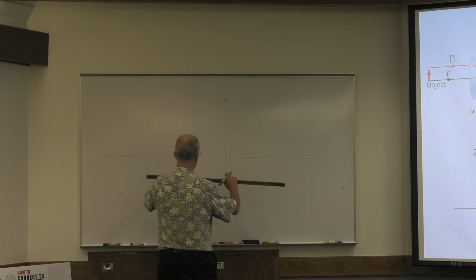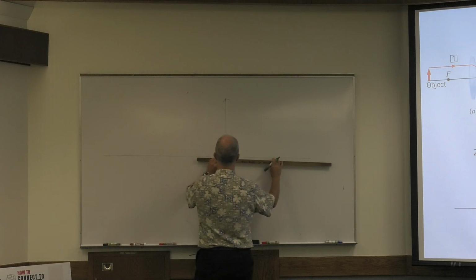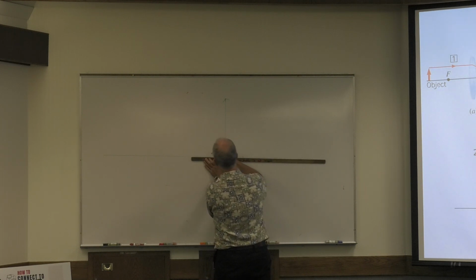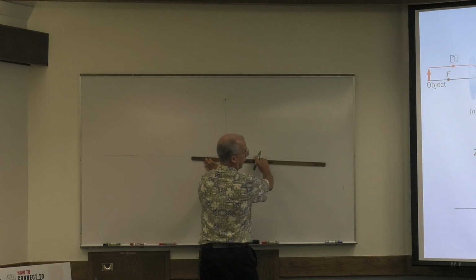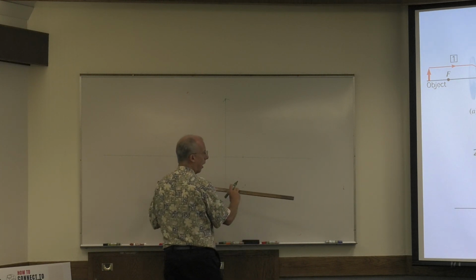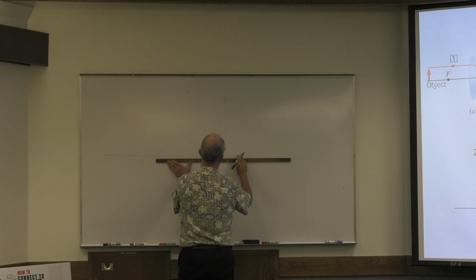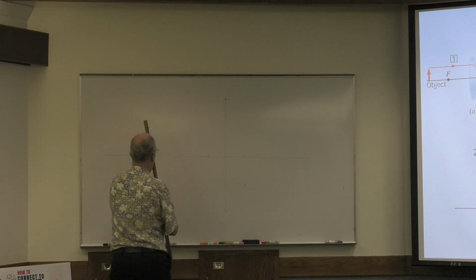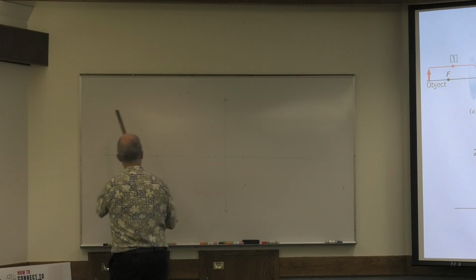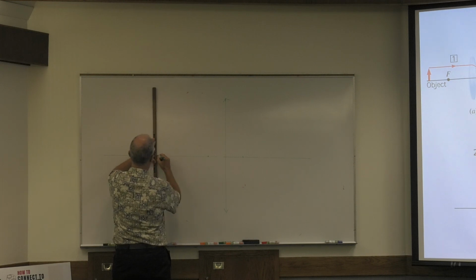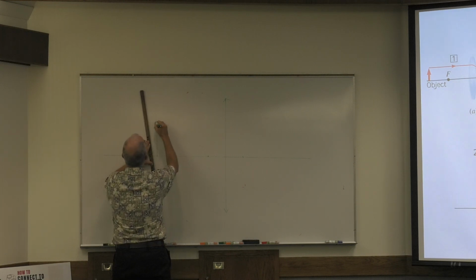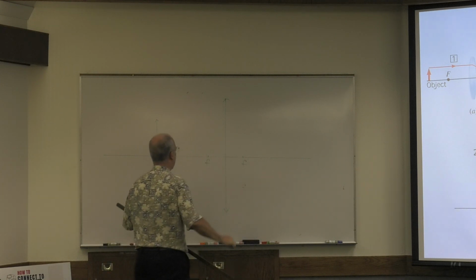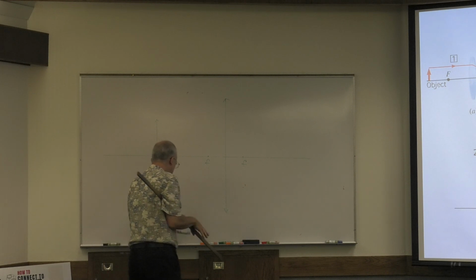Okay, so the focal length is 5, so I guess I'm going to scale this again. So let's see. So there's 5 and there's 5. And then the distance from the lens to the object is 20. So I'll scale it right there. And they don't tell me the height or anything like that. No problem, I'll just make something up. There. All right, so there's S, focal, focal. And that's, all right, so now let's do it.